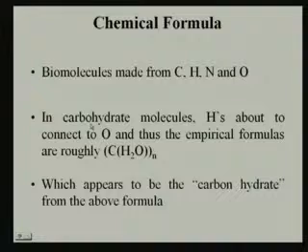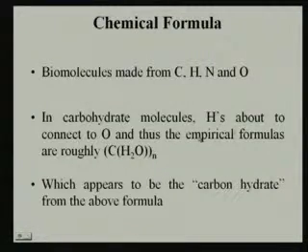Now I have told you that these biological molecules are mainly made up of carbon, hydrogen, nitrogen and oxygen, and when we are talking about carbohydrates, in these carbohydrate molecules no nitrogen atoms are present.